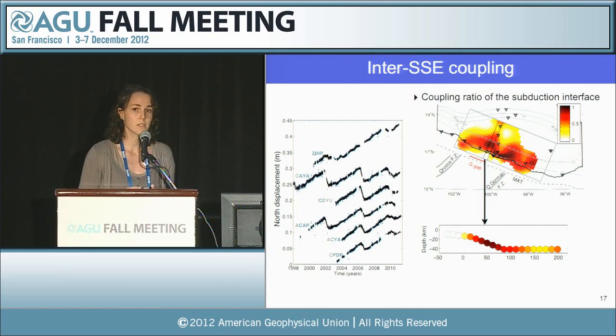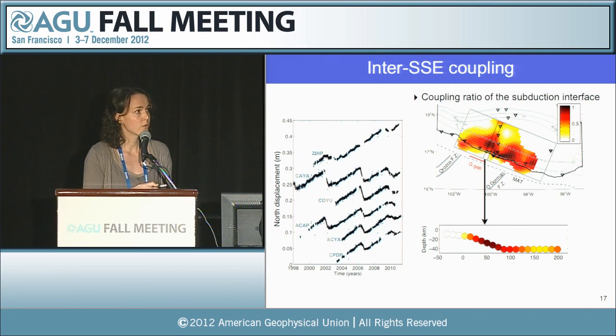By inverting this displacement rate, we get an idea of the slip deficit on the subduction interface. And this slip deficit can be interpreted in terms of coupling. So this figure shows the coupling ratio. It's the inter-slow slip event coupling, so short-term coupling. A coupling of 1 means that the area is fully locked, and a coupling of 0 that it's slipping freely.